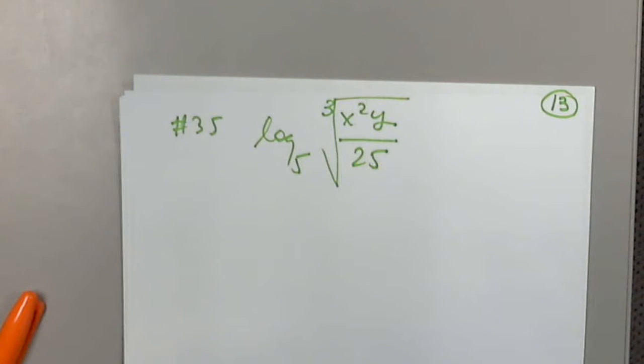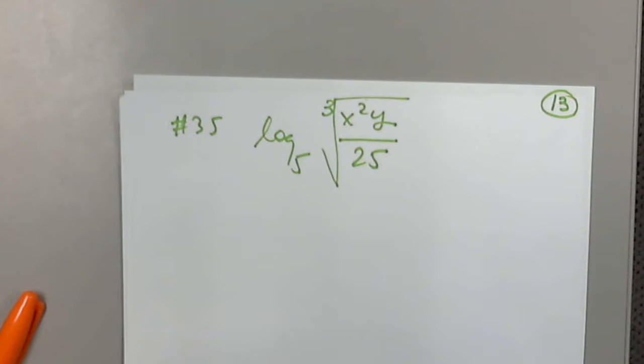Where do I start? I remember there are 3 properties. One is the power rule, the other one is the quotient rule, and the other one is a product rule. Where will I start here? Yes, awesome. What power is the radical? 3.